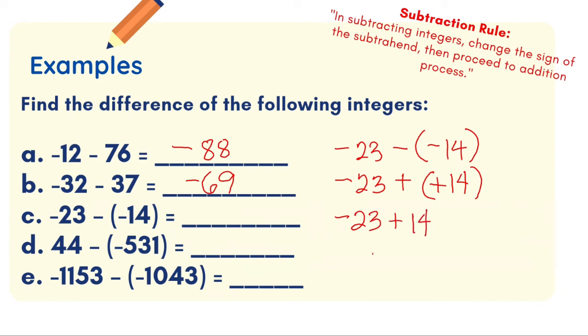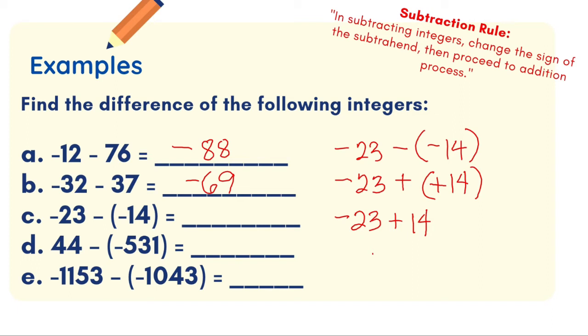So, yung ruling natin sa addition ng unlike sign, we have to get the absolute value of the larger number and even the smaller number, and then isusubtract natin sila. At yung kanilang sign ay magbabase doon sa malaking absolute value.